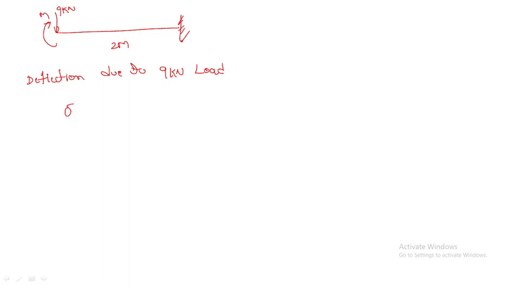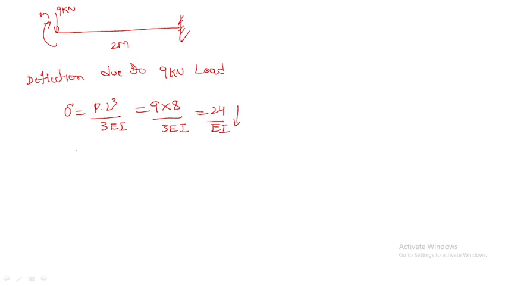Delta is equal to P L³ divided by 3EI. So 9 into L³, where L is 2, so 2 cube is 8, over 3EI. We got 24 by EI. Now this is downwards.